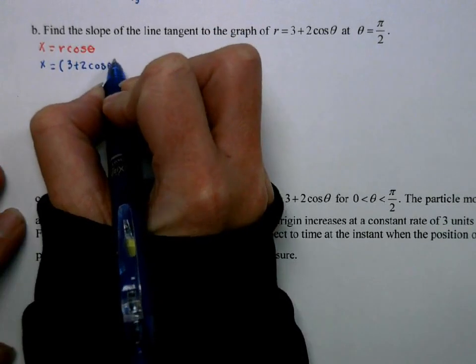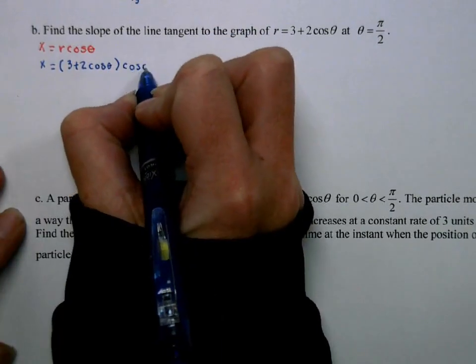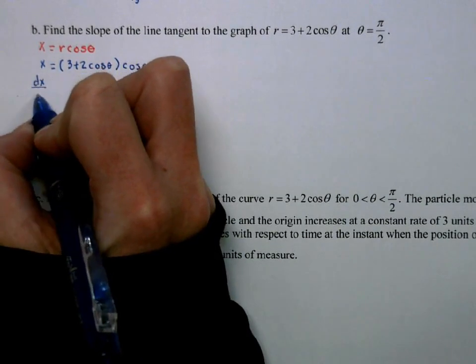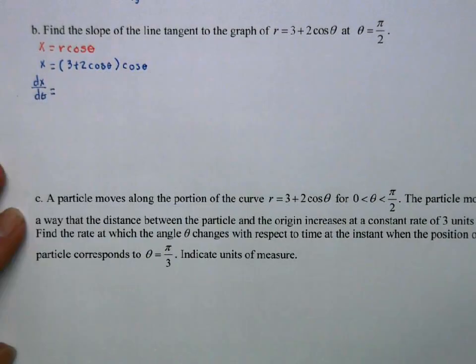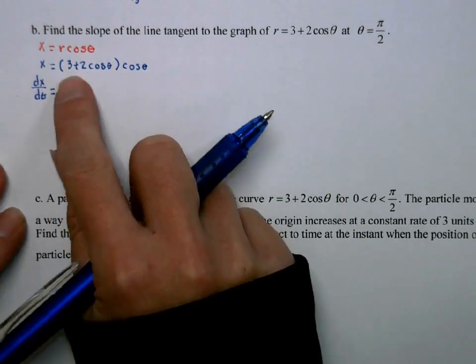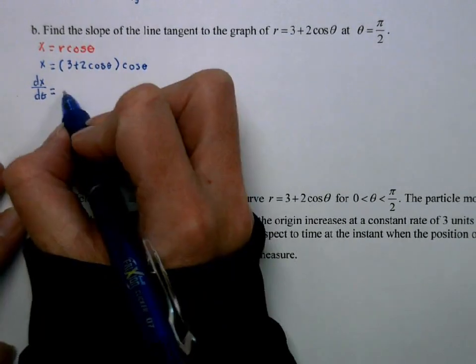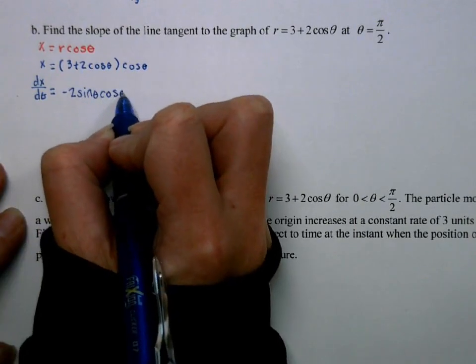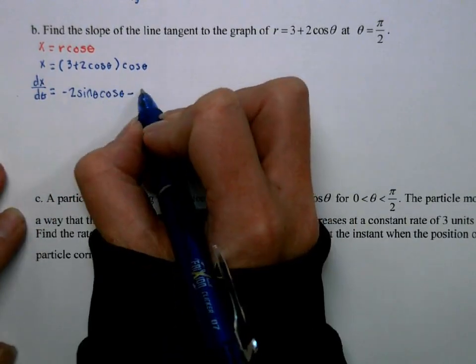And then I need the derivative. So dx d theta, we're going to need to do the product rule. So the derivative of this will be negative 2 sine theta, cosine theta. Derivative of cosine is negative sine theta, 3 plus 2 cosine theta.